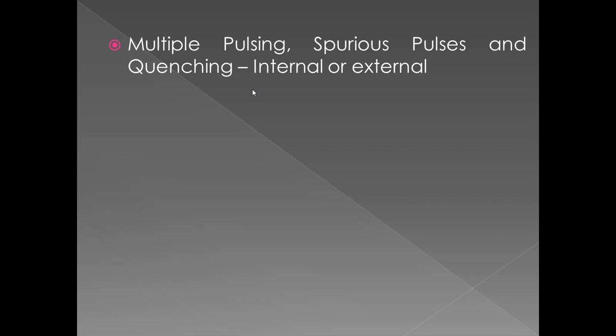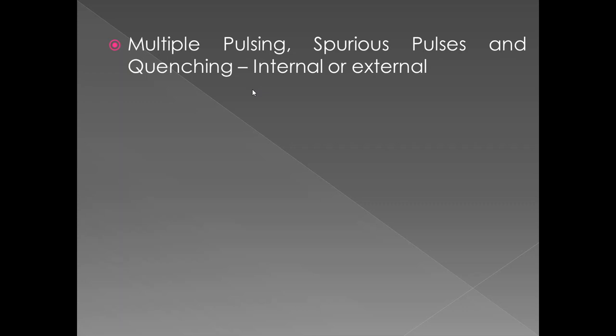And in course of time, these bromine atoms recombine to form bromine molecules again. Thus, the presence of the quenching agent quenches the discharge, and the tube can be ready to receive the next particle within a time of around 10 to the power minus 4 seconds.